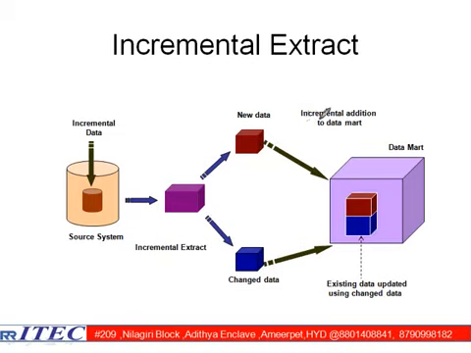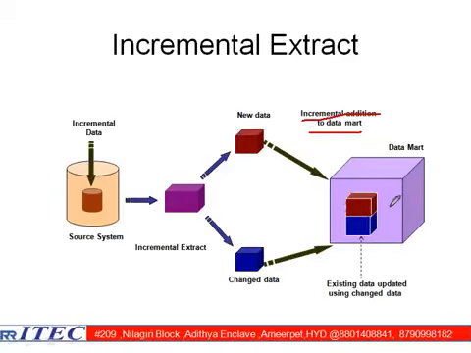See here, incremental addition to the data mart. That means whatever data was previously available, we are not disturbing it. Let us say I have a record that is not a new record, not a promotion record, not a hike record. Then my record will stay as it is, with no change.